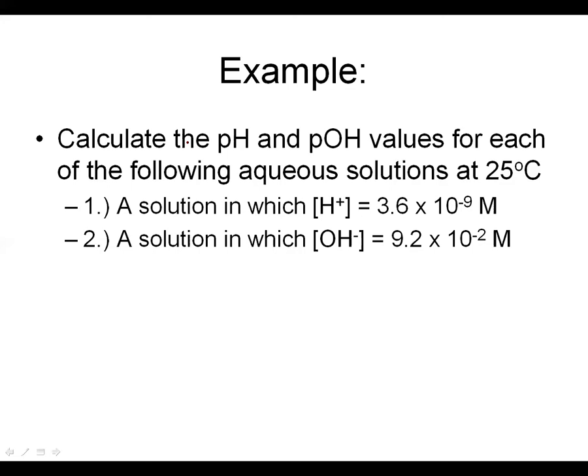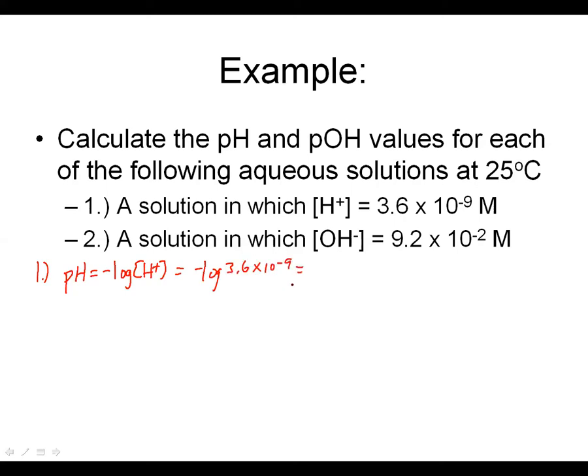So, in the first one here, we have the H plus concentration given to us. Because we have the H plus concentration, that's going to allow us to go directly into our pH equation. So we'll take minus the log of 3.6 times 10 to the minus 9.